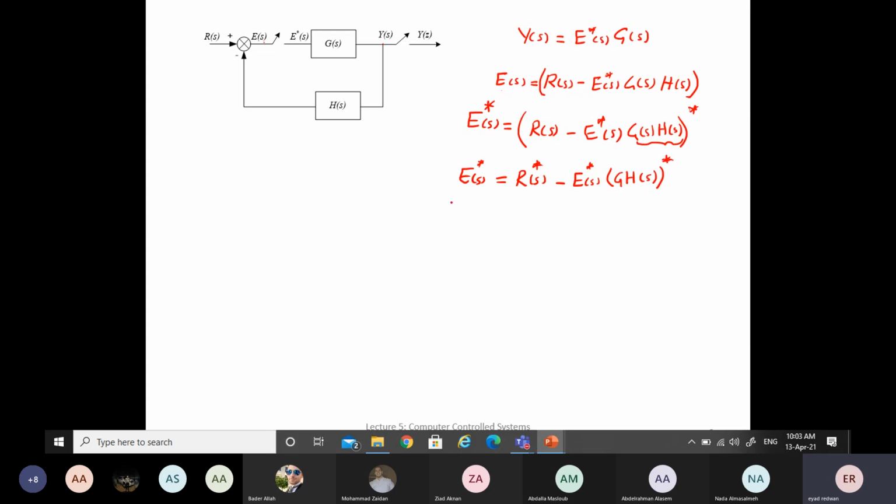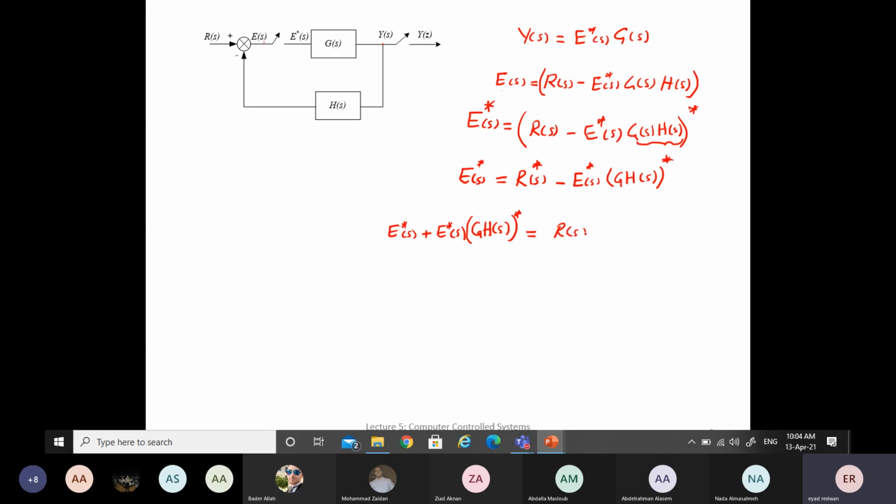So E star, then I can combine it or get it from here and move it to the side. I can write E star of s plus E star of s times GH of s star, all of this term starred, meaning I multiply them and then take the starred Laplace transform for them.